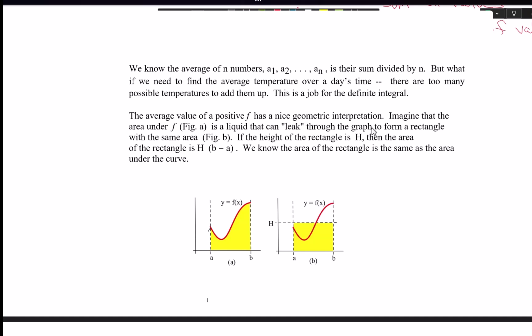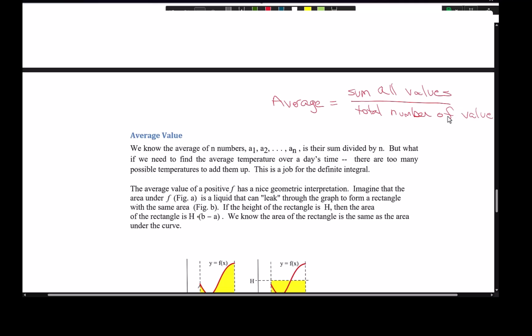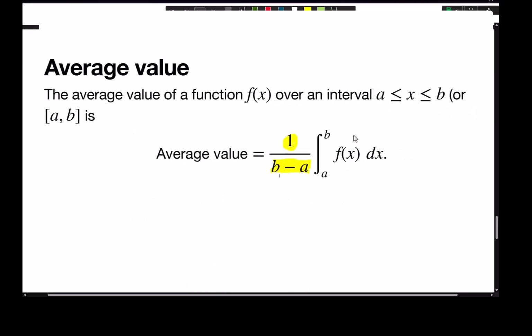And that's how we get this formula. The average value of a function over an interval between A and B is this right here. This is the total number of values. And this here would be the area under the curve, or the sum of all those rectangles.